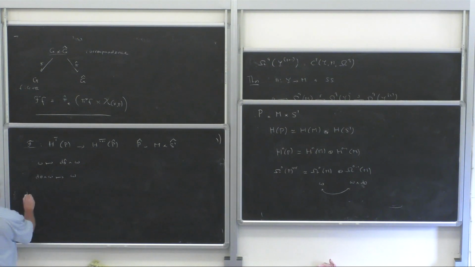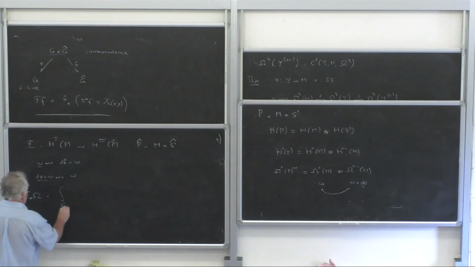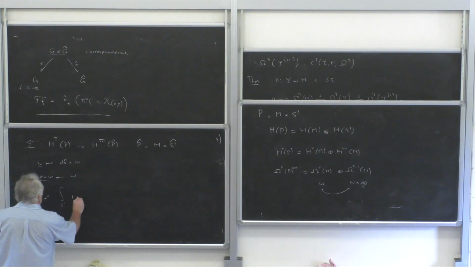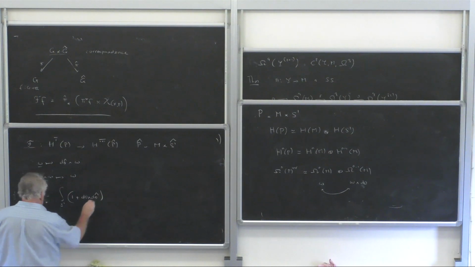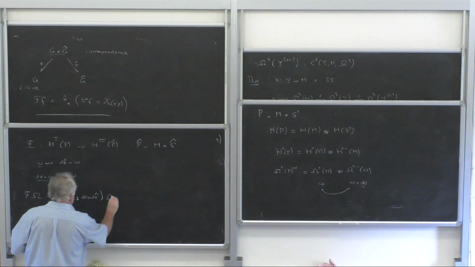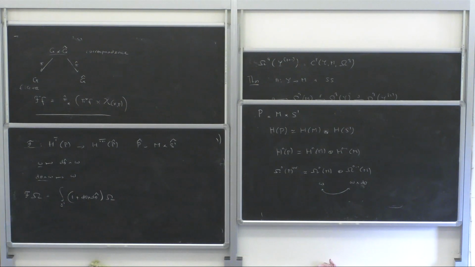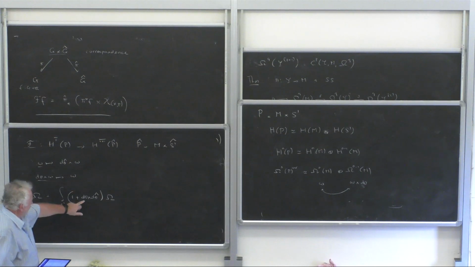And if I've done everything correctly with my signs, if I have an omega which is a combination of this and this, I can encapsulate those two formulas in one formula: 1 plus d theta wedge d theta hat, applied to omega. So you integrate away the S1.